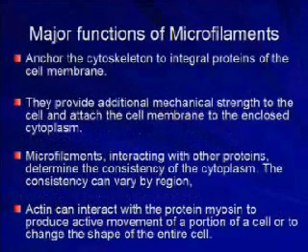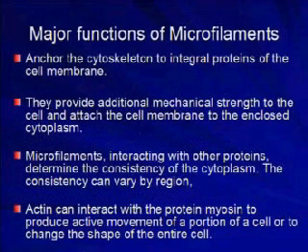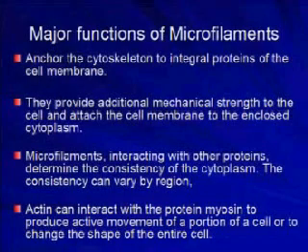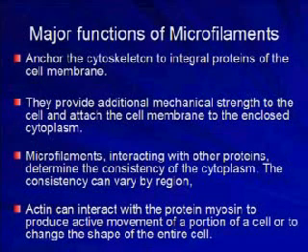Major functions of microfilaments: anchor the cytoskeleton to integral proteins of the cell membrane, provide additional mechanical strength to the cell, attach the cell membrane to underlying cytoplasm. Microfilaments also interact with other proteins and determine the consistency of the cytoplasm, and the consistency may vary depending on the region of the cell.